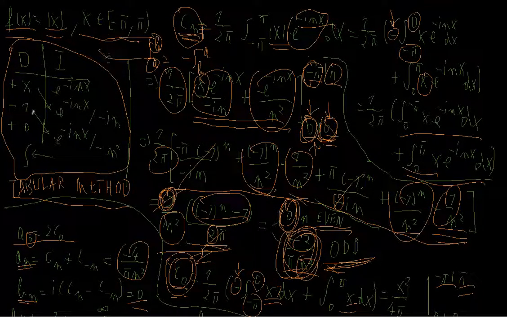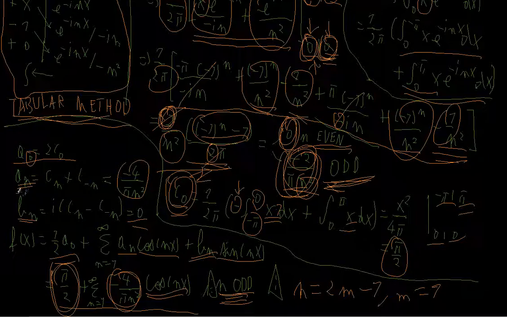You have your period, you use the tabular method, and you find your complex Fourier coefficients, and then you find your real Fourier coefficients, and you look at the cases where we divide by 0, and you do those cases separately, and then you have your formula here.